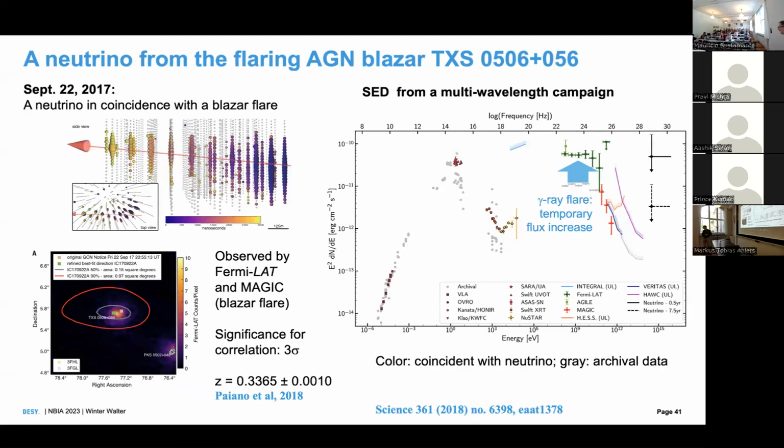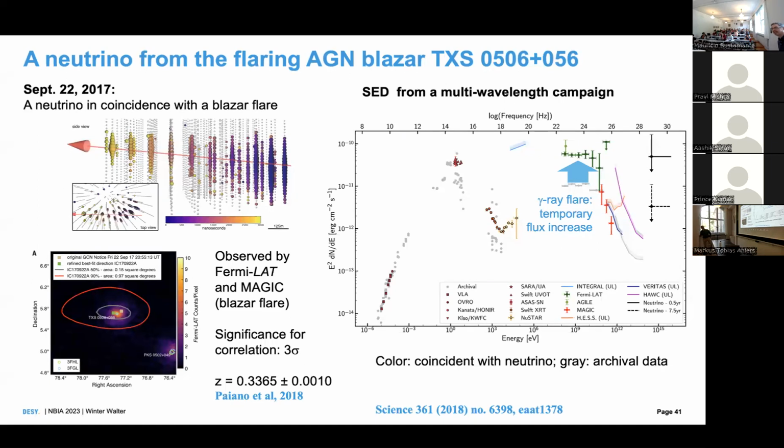So you can compare to that, but you want to understand if the source was in some kind of special state when the neutrino arrived. And this is what's illustrated here by this enhancement. Apparently there's a gamma ray enhancement at the time of the neutrino arrival, at least compared to some kind of archival data, which you don't know a priori if you look at the figure when that was actually taken, or if it's some average or whatever.